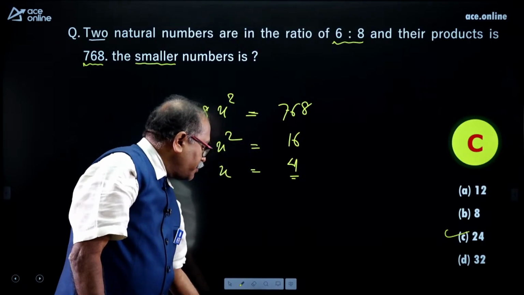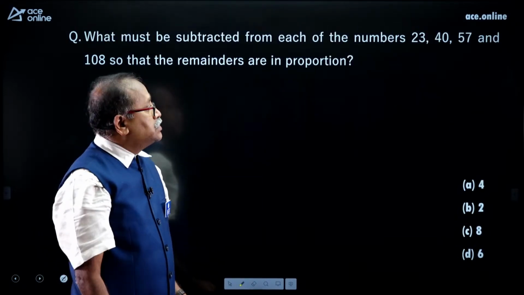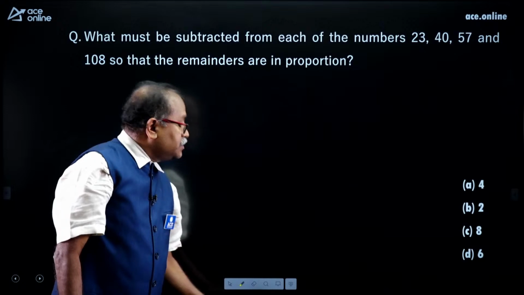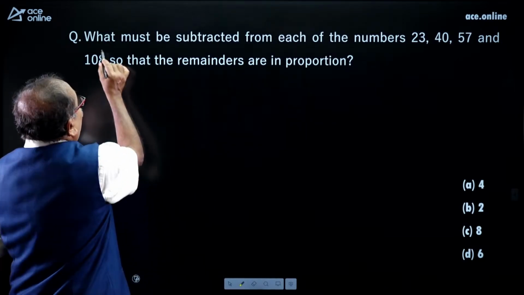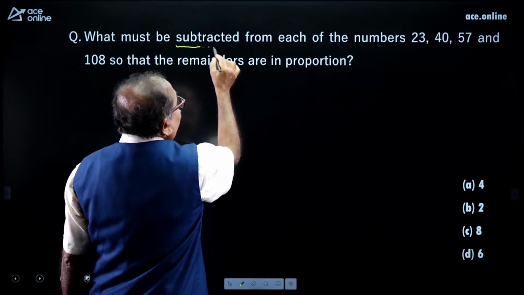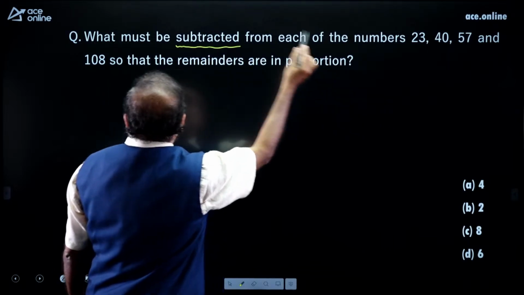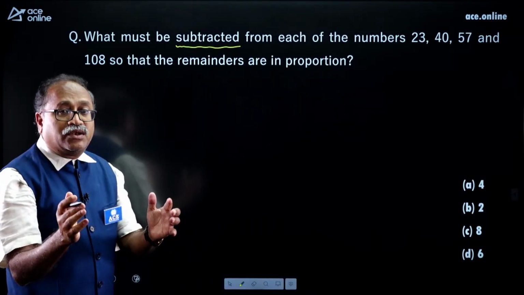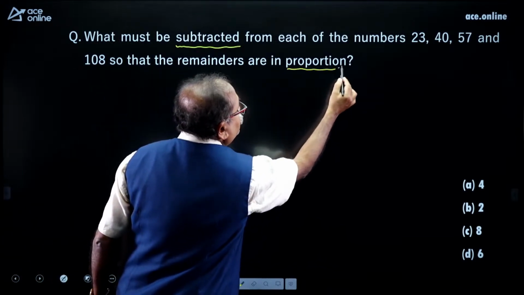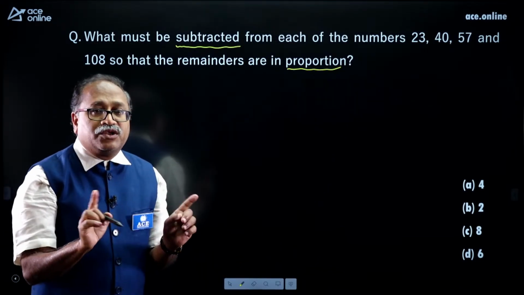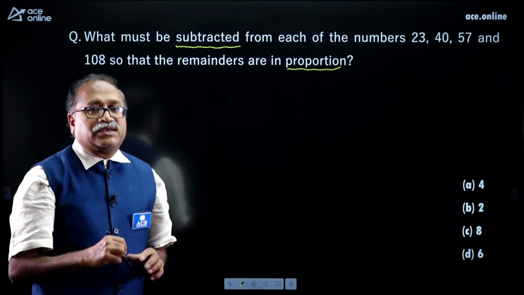The next question on your board is this. Let us see what this question is all about. What must be subtracted from each number so that the numbers remain in proportion? There are 4 numbers: 23 is to 40 proportionate to 57 is to 108. That means this is not a continued proportion as in the previous cases.